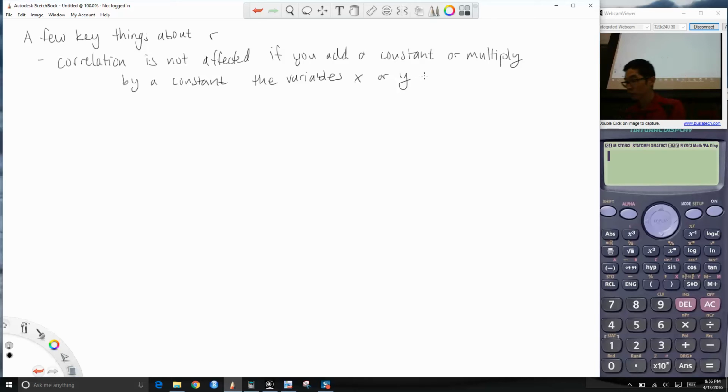So if you add something to x, or add something to y, or you multiply by a constant, it doesn't affect. Switching the order of x and y will also not affect correlation R.